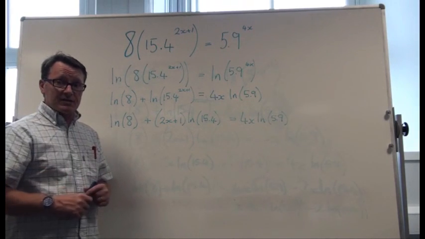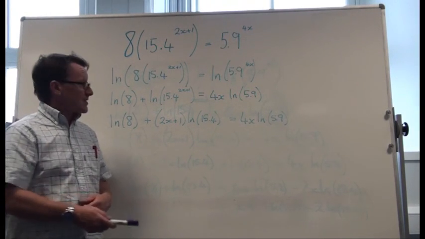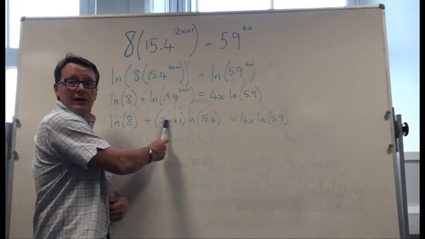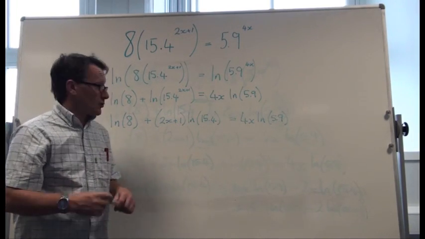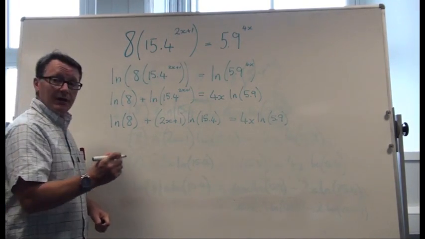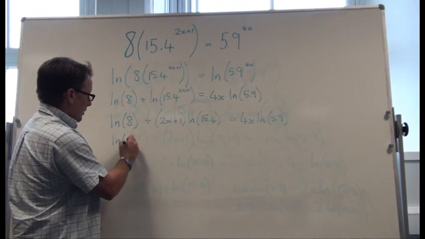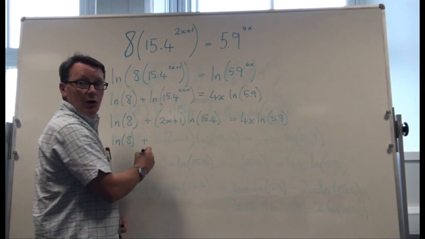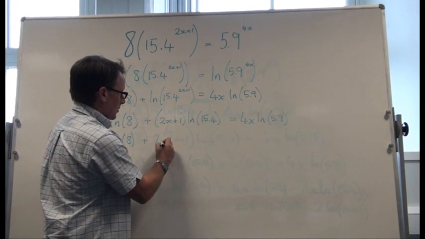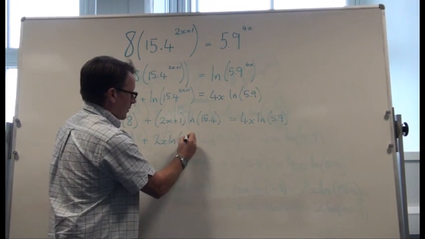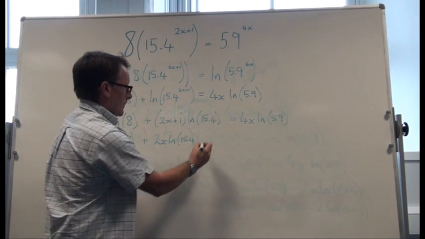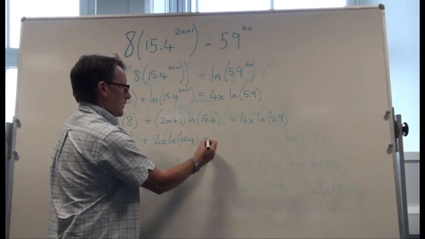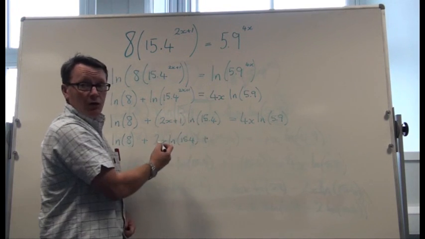Now, first step here is, because we're looking for x, and x is in this bracket here, we need to expand that bracket. So let's multiply that bracket out, and that gives us the log of 8 plus 2x times the log of 15.4, plus 1 times the log of 15.4.